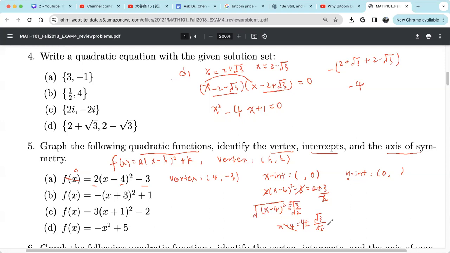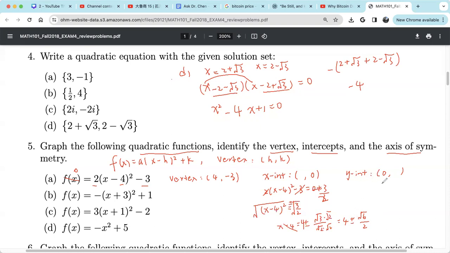Maybe we want to rationalize this number, and it becomes 4 plus or minus square root of 6 divided by 2. Now the denominator is rationalized. So I have two x-intercepts: 4 plus radical 6 divided by 2, comma 0, and 4 minus radical 6 divided by 2, comma 0. We can keep the irrational form. In this case it's the exact value, so we don't have to approximate.